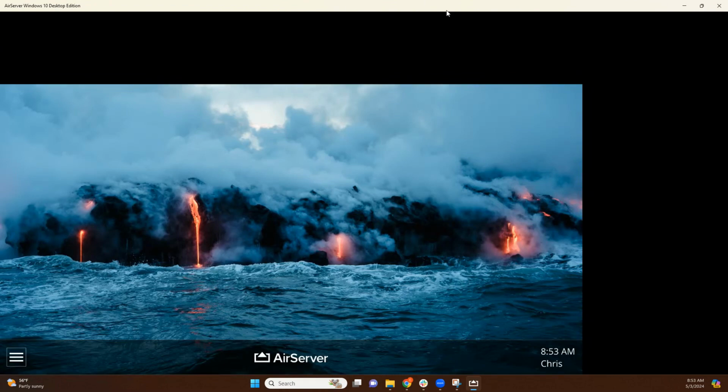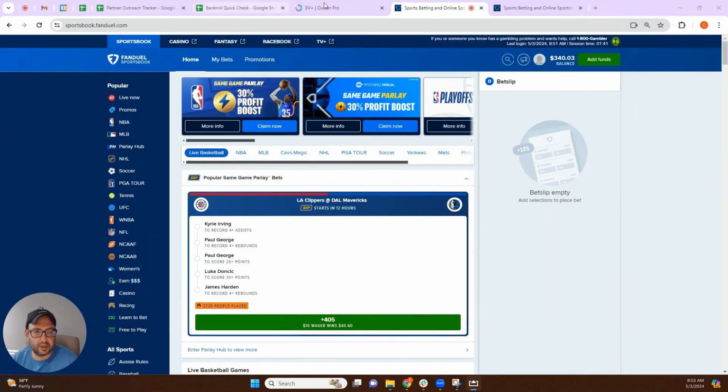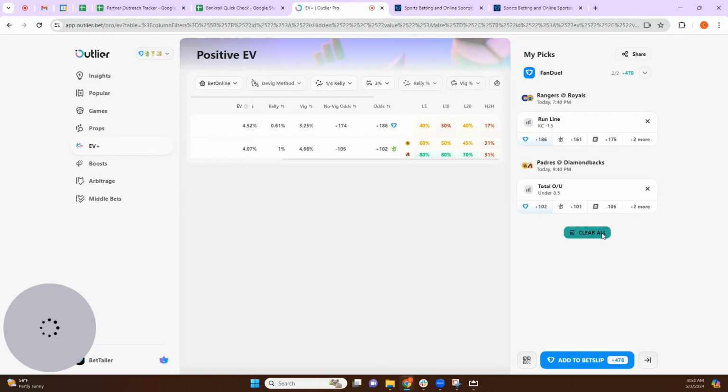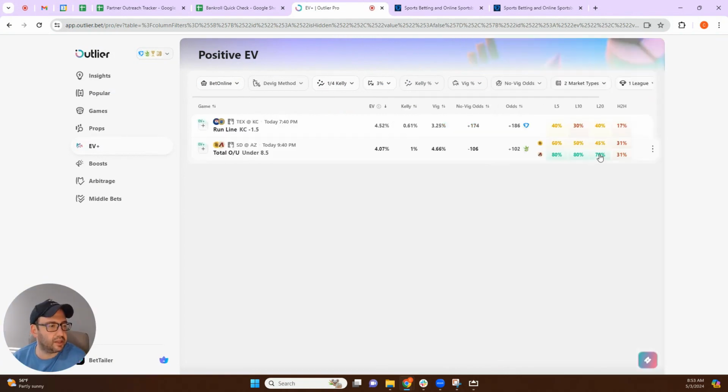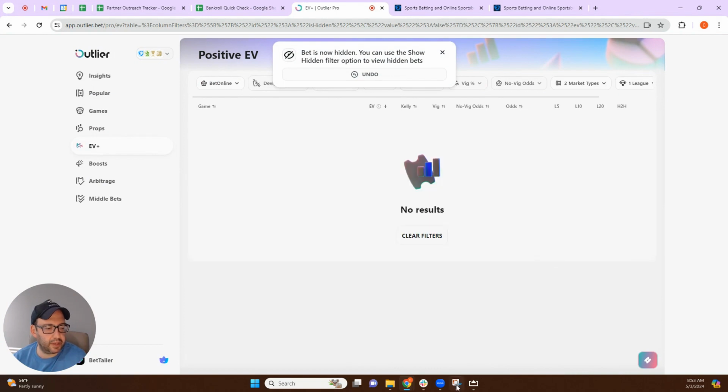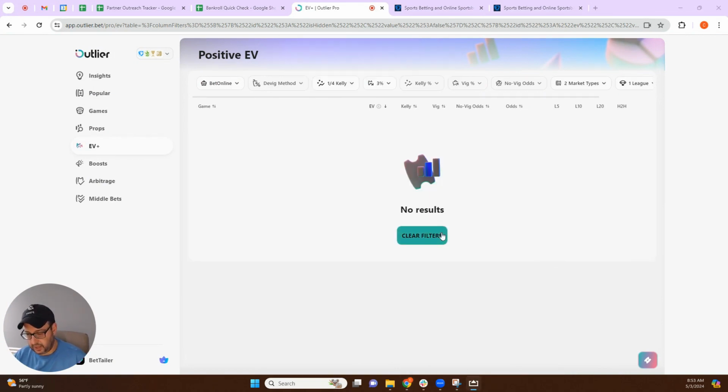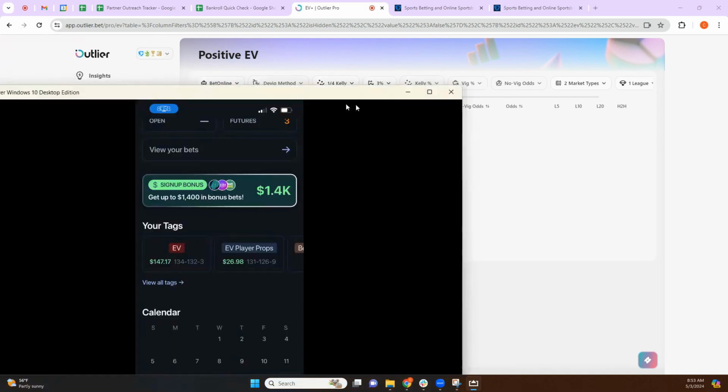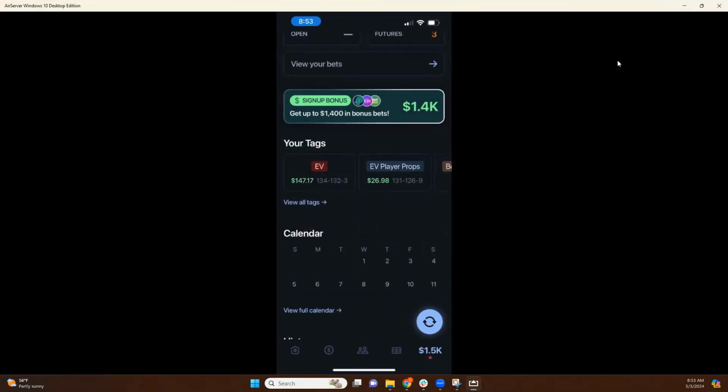Now, first let's make sure we aren't duplicating these bets later on. So we're going to hide them in Outlier. Hide bet, hide bet. Now let's go to Picket, and I hope that it syncs over.